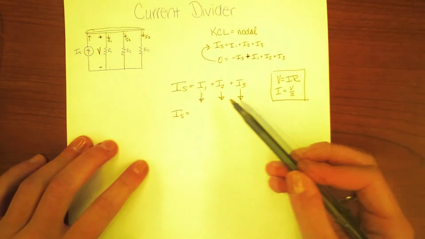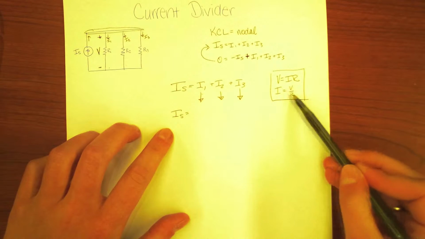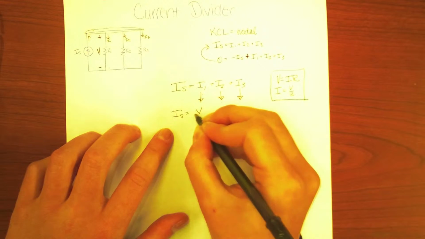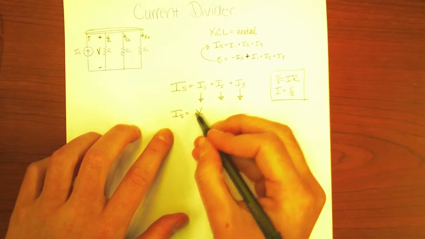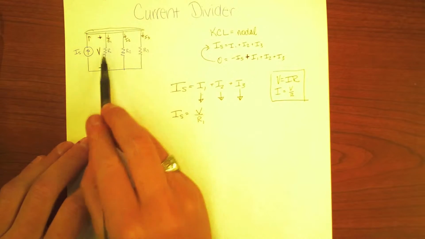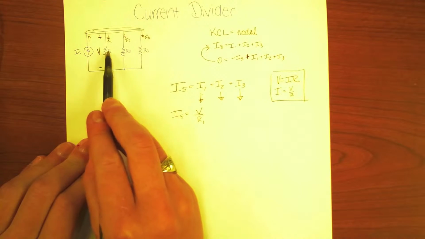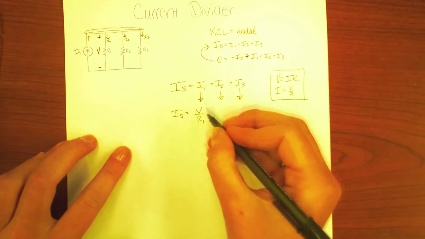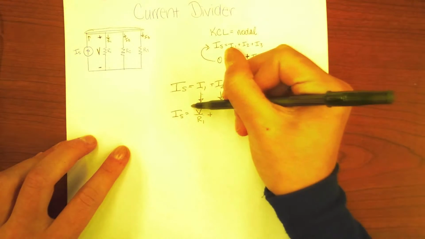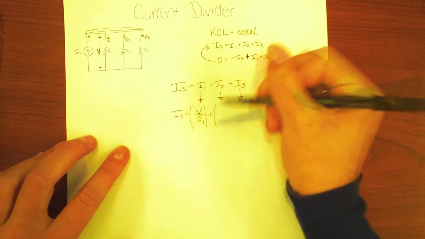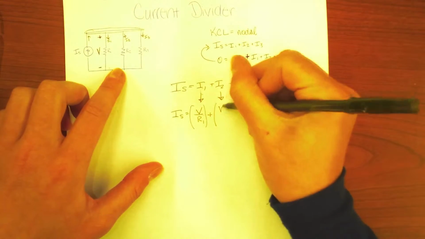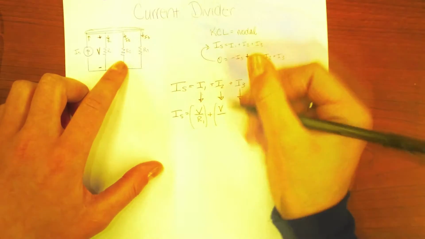So rewriting this equation with this notation, I1 here is going to equal V divided by R1. Moving on to I2, again we're bringing the sign down with it, so if you wanted to, you could put parentheses around. I2 is here, and again we're going to have this voltage drop of V divided by R2.